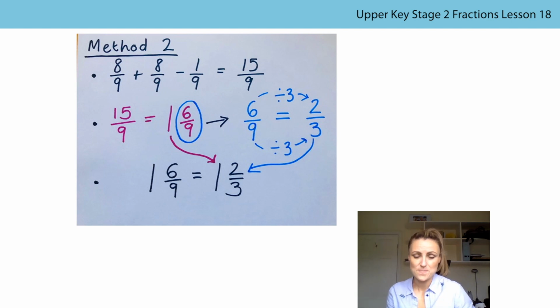I then had to remember that we don't worry about the whole number, we simplify the fractional part. So I circled the 6/9 in blue and took that across. Again, we know that the highest common factor is 3, so I simplified that fractional part to 2/3. Then I brought my 1 and my 2/3 back together to give us an answer of 1 2/3.